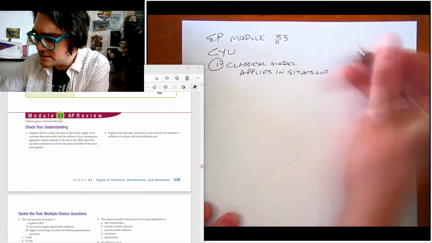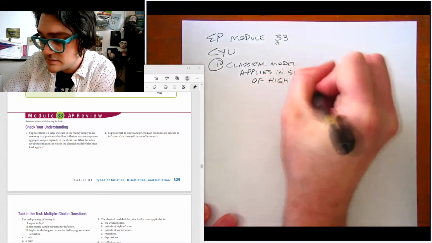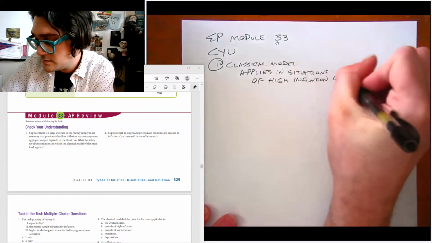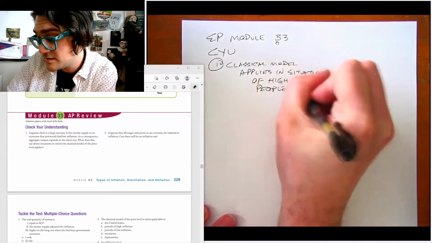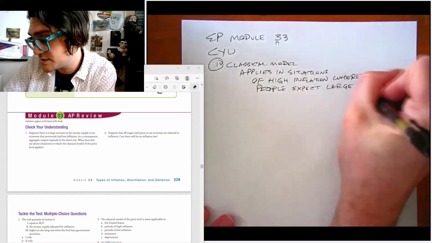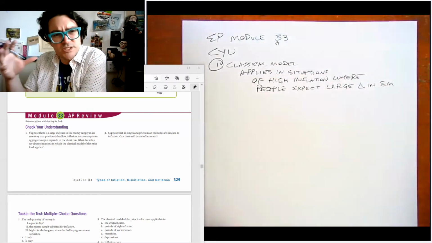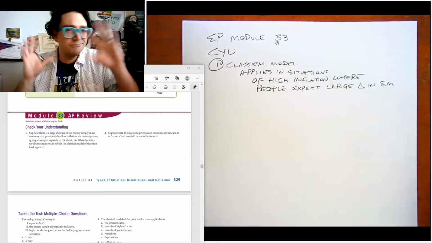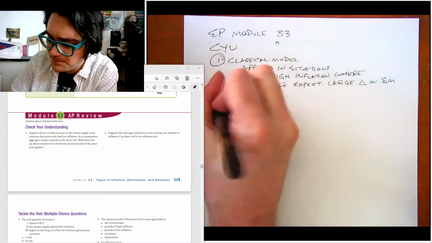So the classical model applies in situations of high inflation, regularly, where people expect large changes in the money supply, and when those situations happen they go, you know what, the Fed did that 2 weeks ago. We just round up all the zeros, right? So it doesn't change any output in those situations.